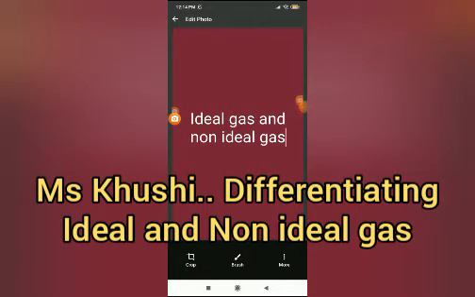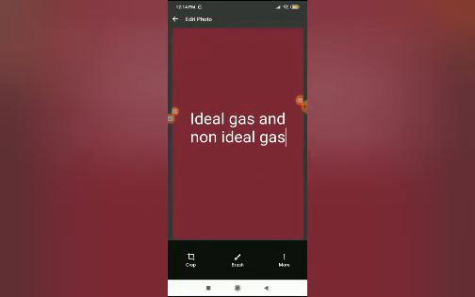Good afternoon everyone. Today I will tell you about ideal gas and non-ideal gas. An ideal gas is one in which there is no attraction between the molecules and they don't interact with each other. A non-ideal gas is one in which there is attraction between the molecules and they interact with each other.